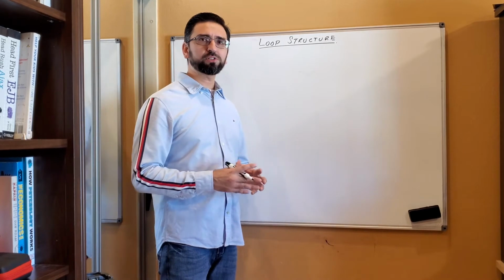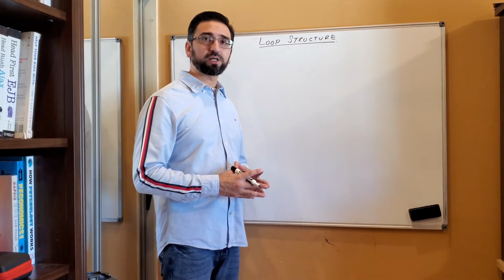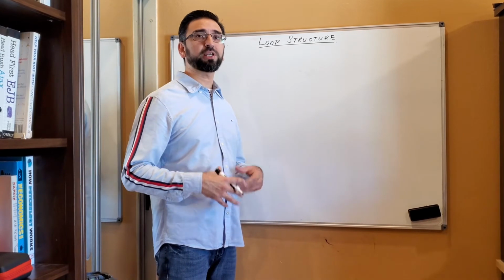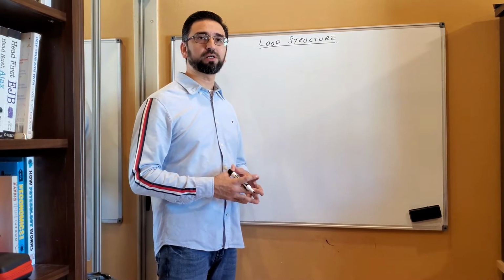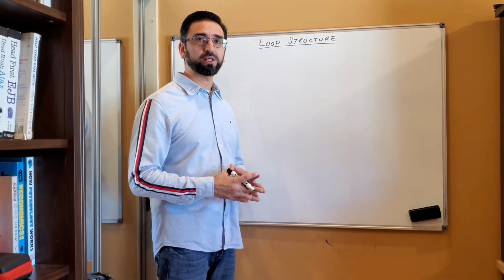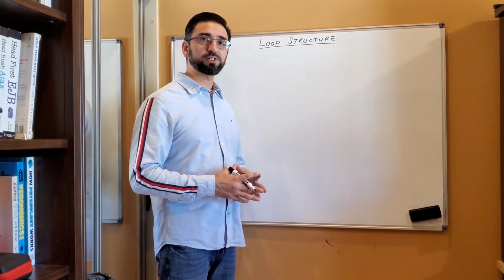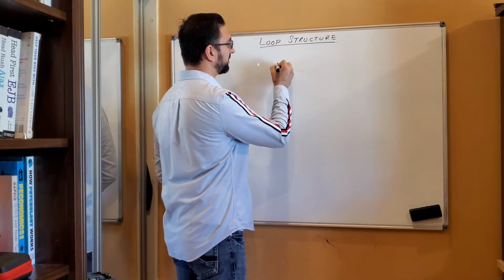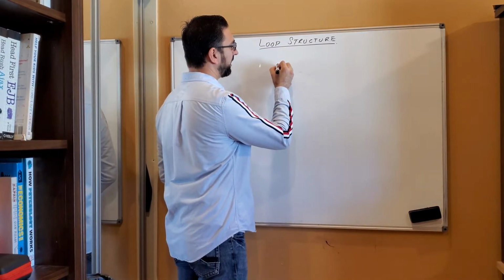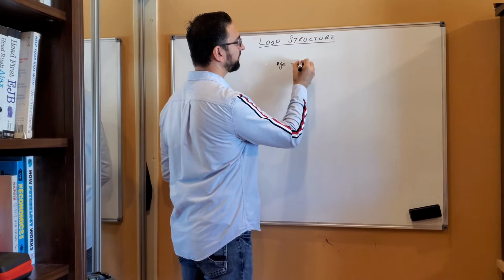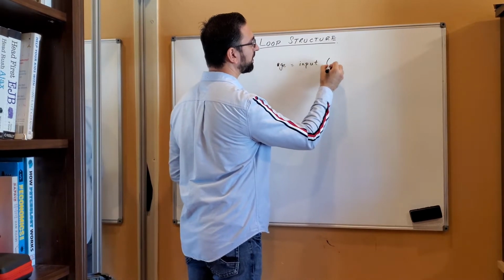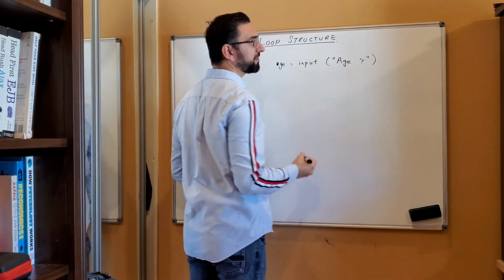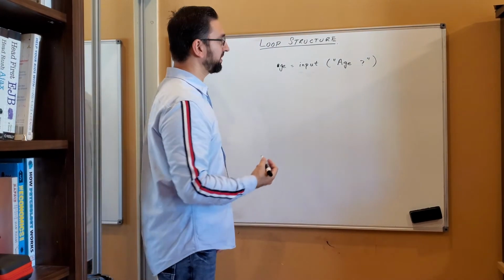So let's suppose 1,000 users come to our theme park every day, and we have to print tickets for them, and each ticket will have information about what kind of rides they are allowed and not allowed. In order to process 1,000 users, one way to do it is you take the age input, and some other information like you have seen in the previous examples.